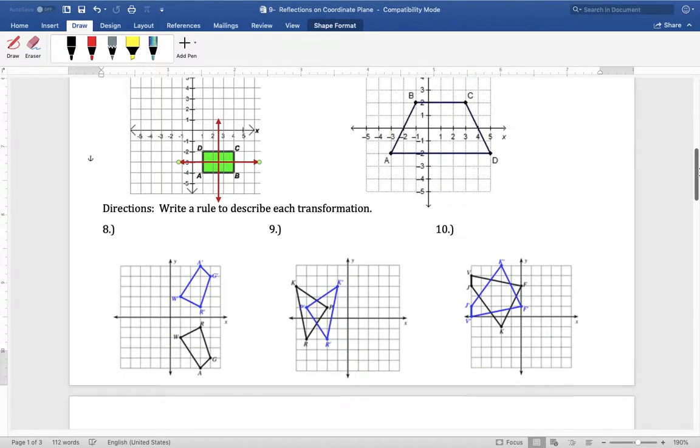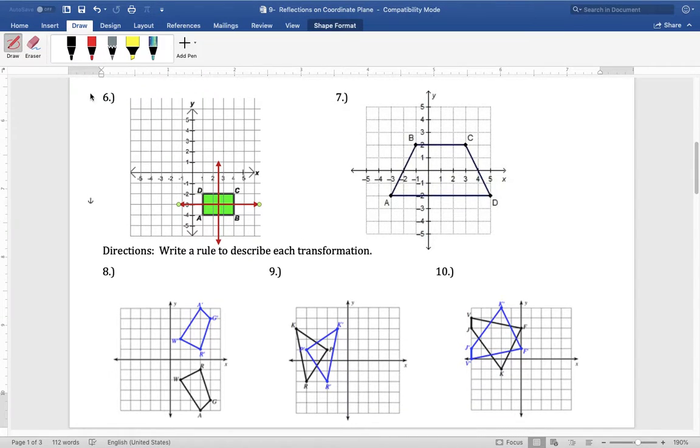Question 6. We'd have lines at x equals 2.5, vertical here, and y equals negative 3. That's a really bad looking 3. Let me try that again. That's a little bit better.